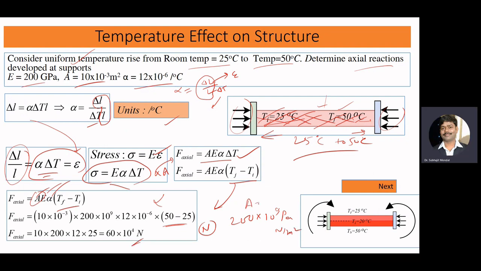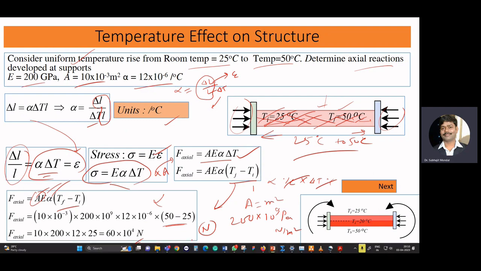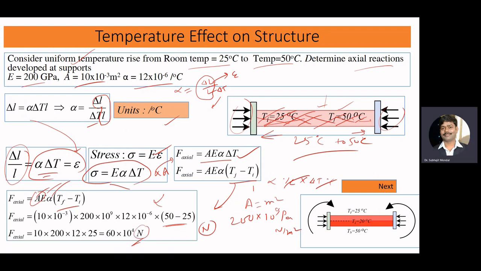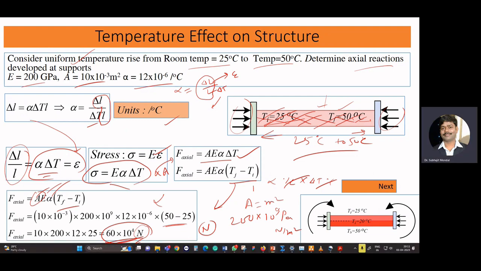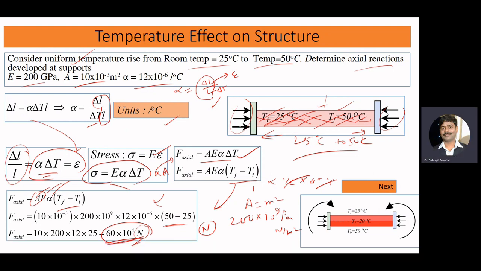Area is also given in meter square, alpha is per degree Celsius, and the change in temperature is in degree Celsius, so that is going to cancel out. At the end, we will have the axial force in Newton. When we calculate, we observe that 6.4 Newton force is developing in the member.